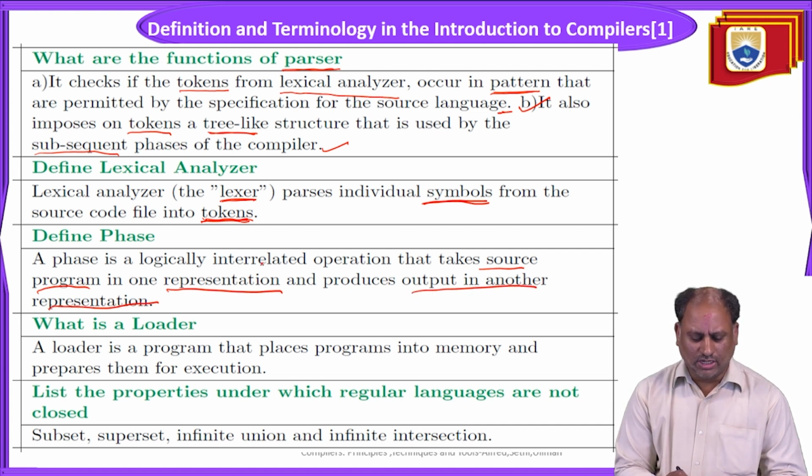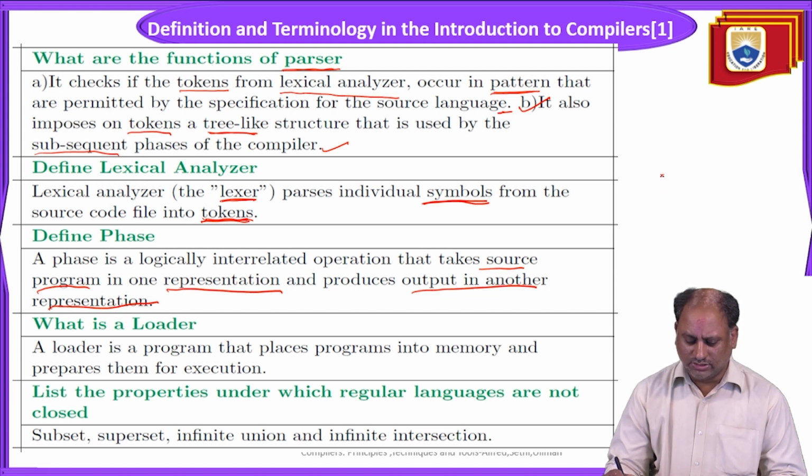That means for the high level program processed by the compiler, first the lexical analyzer performs some action and then gives its output to the next phase. The next phase is the syntax analyzer phase, which accepts the individual tokens and generates the parse tree. That is the second phase of the compiler.